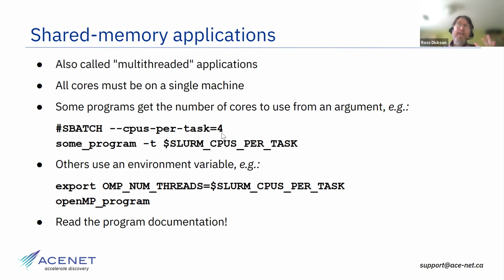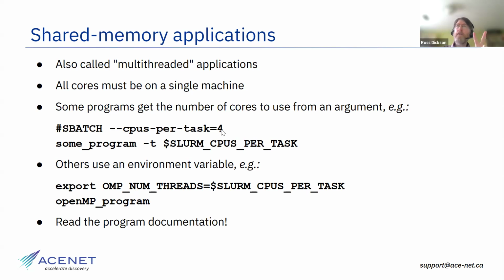Slurm defines that variable for you. So here we have SLURM_CPUS_PER_TASK, and it's got a little $ sign in front of it, which if you were in yesterday's session, you will probably recognize as being the way to expand an environment variable. So when you write a Slurm job script and you put in #SBATCH --cpus-per-task=4, that does two things.